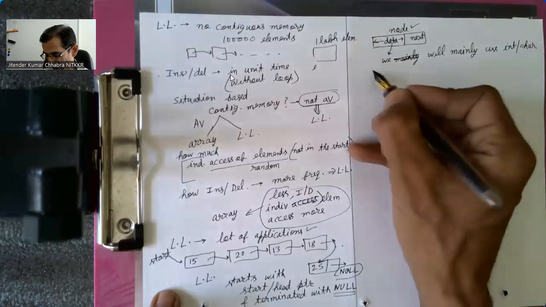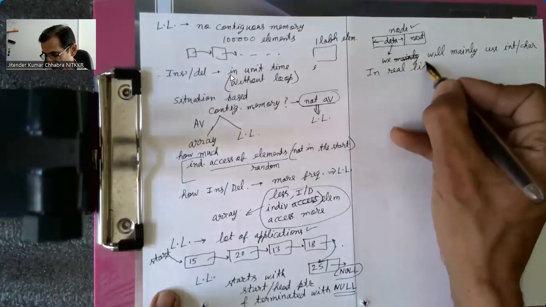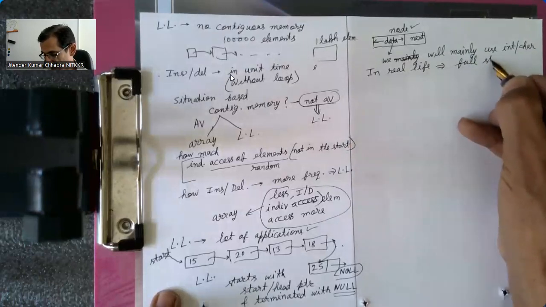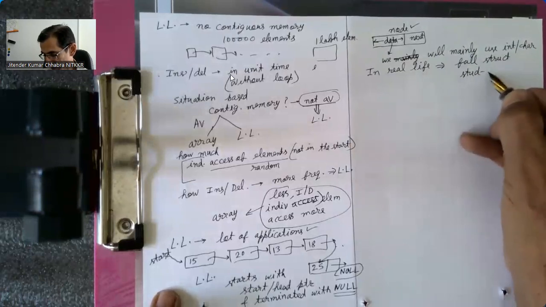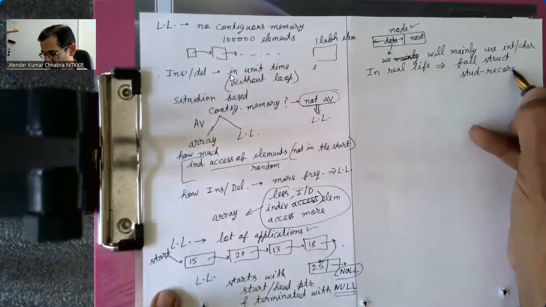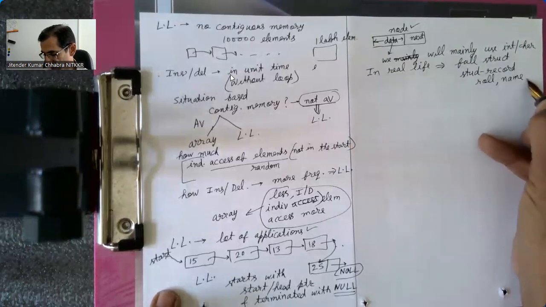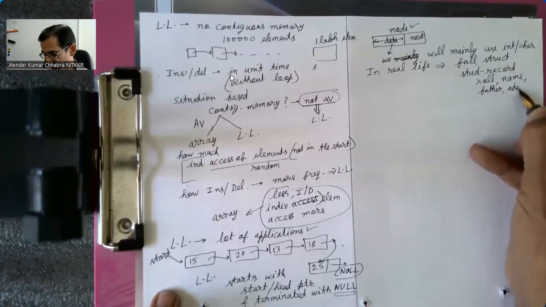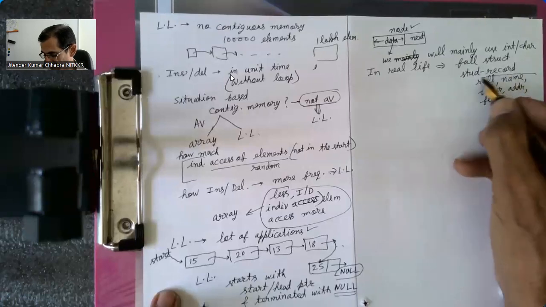But in real life, data will mean a full structure. For example, it will mean a student's record. So it will have all fields like roll number, name, father name, address, mobile number, fee paid, etc. A lot of fields.